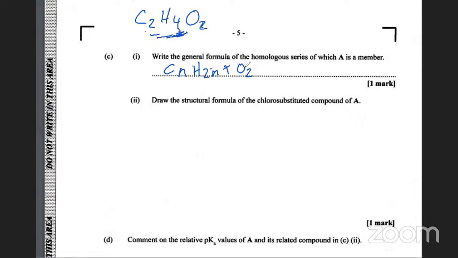For me, I will just include plus O2. I will double check this, and if there's any correction, I will let you know. But for now, this is what I would work with. Because if you check, there's no functional group with 2 carbons, 4 hydrogen, and 2 oxygen, because carbon has to have 4 bonds. But based on this, that is what I will put.